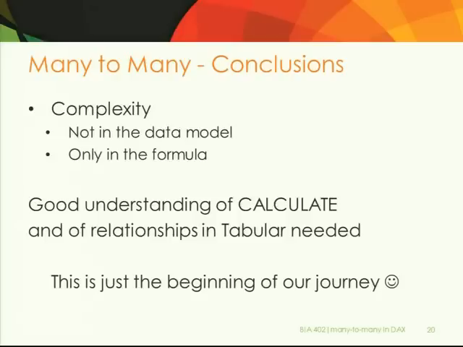Before you get the correct behavior, they are really hard. I still remember when I first tried writing these formulas, I always tried to write the formula and look at the result. If it was wrong, I tried to surround it with calculate. If the value was correct, I said, okay, now it's working.